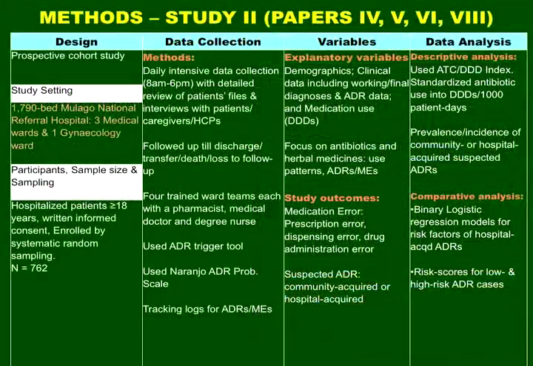It was a prospective cohort study. It involved intensive collection of data. The only day we rested was the day that actually never existed, because we collected data 7 days a week.